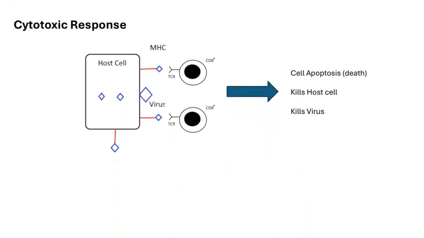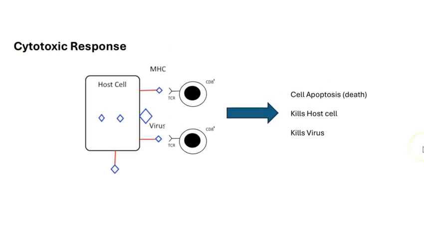Those cytotoxic cells return to the tissues, which I'm going to refer to here as the host tissues. I've only drawn one, but there are many, each with the infection with the virus having taken place, and each cell having taken some of those viral proteins and placed them on these MHC glycoproteins.